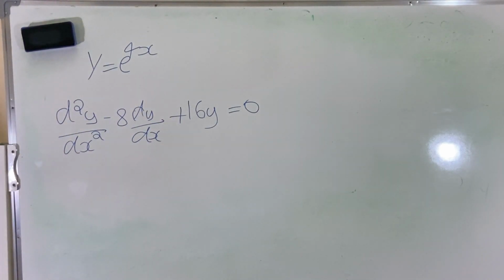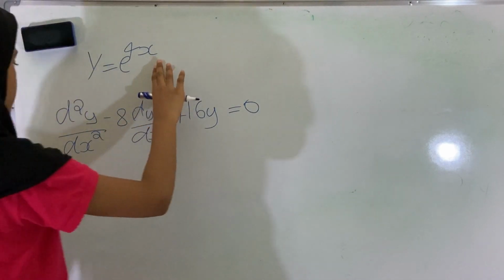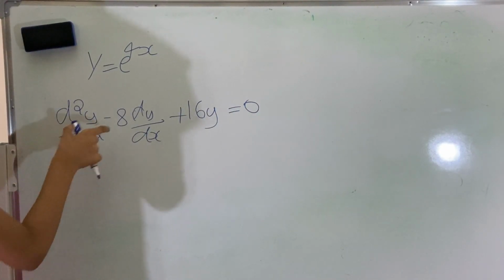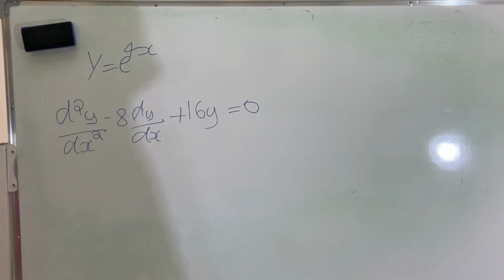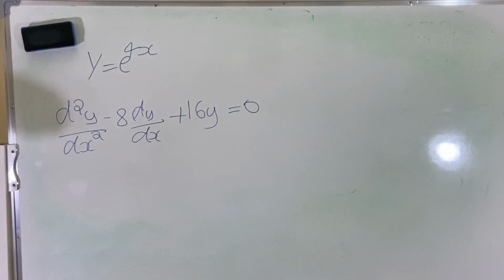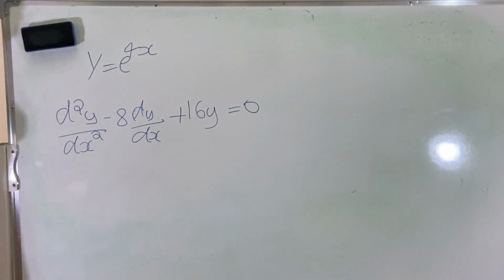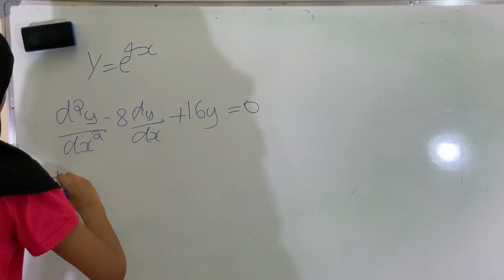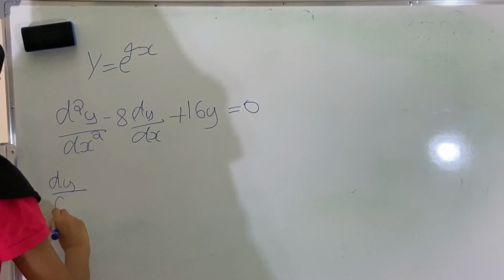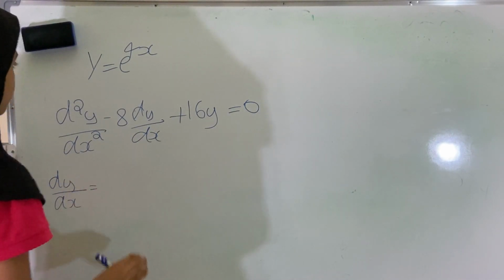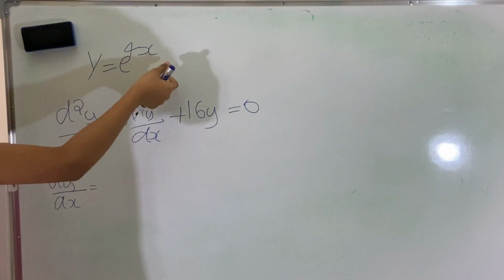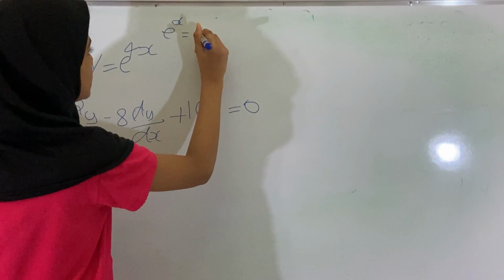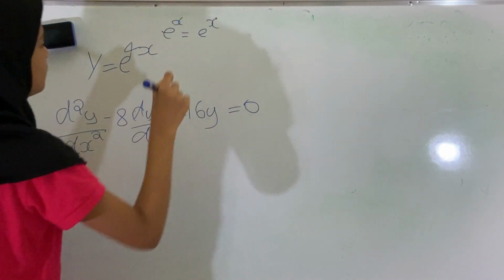So first of all we need to find d square y by dx square, then subtract it like that. But to find d square y by dx square, we need to find dy by dx first. So dy by dx: here it's e raised to 4x, and you know that the derivative of e raised to x is e raised to x itself.